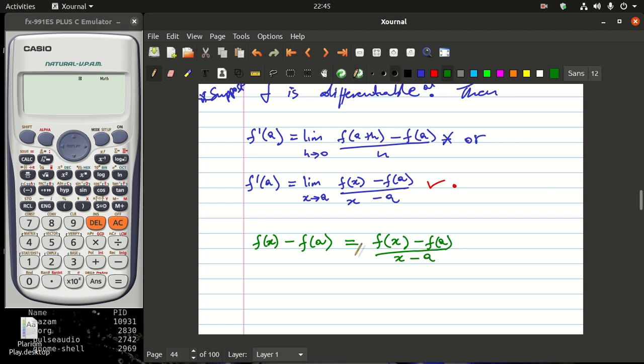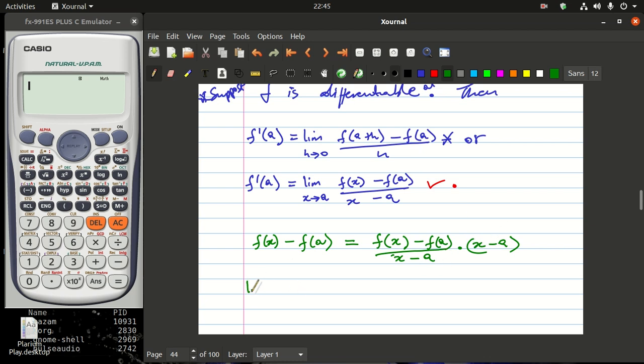Because this was not part of that, I needed to multiply by x minus a. So this whole thing is equal to that, and this and that can cancel out, and since I know this is not 0, I can always divide and multiply.